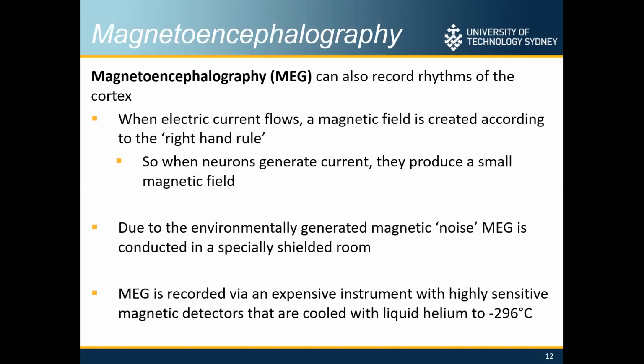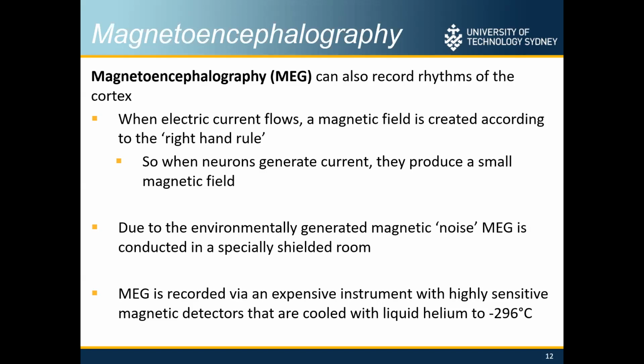It ranges from the femto to picotesla. The measure of the magnetic field is Tesla, and at the femto and pico level, it's about 10 to the minus 15 or 10 to the minus 12. So it's very low in terms of magnitude.